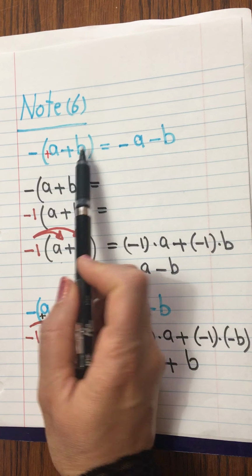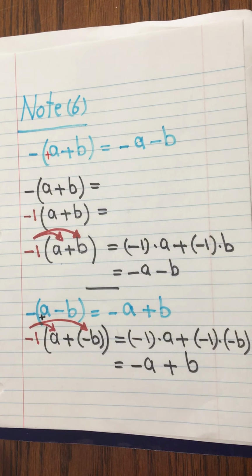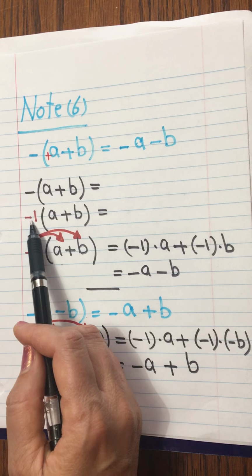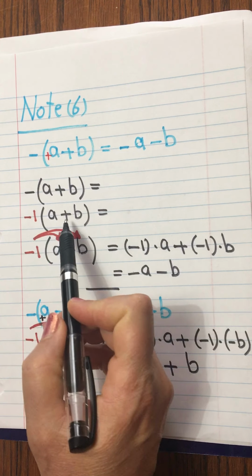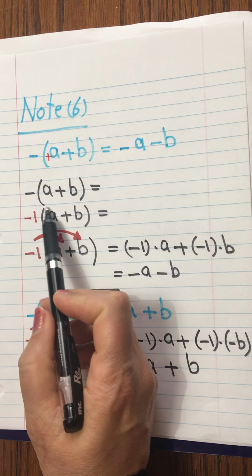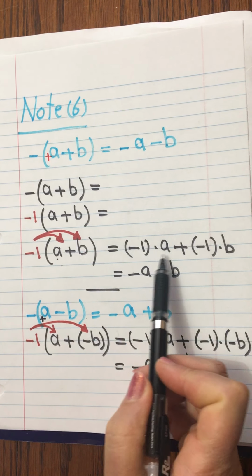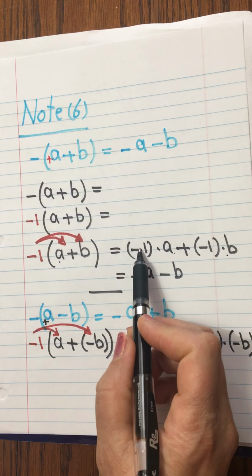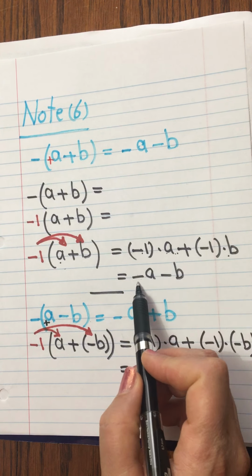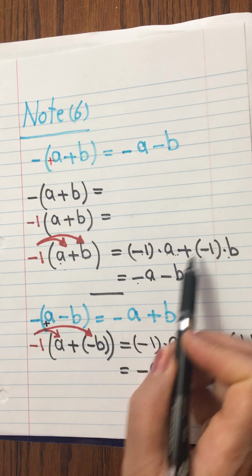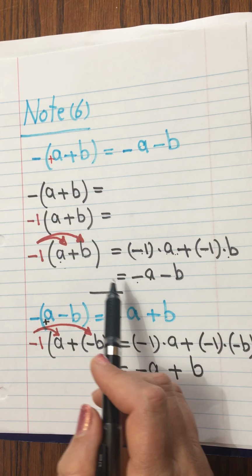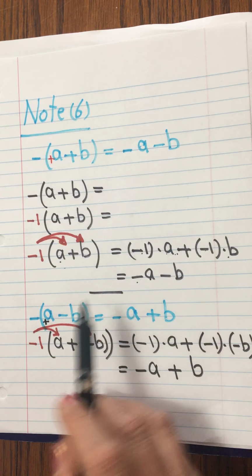Plus b is gonna change to minus b. If I want to explain it, negative means negative 1. And I'm gonna multiply negative 1 times a and negative 1 times b. So negative 1 times a is negative a. Positive times negative is negative. So 1 times b. So the answer is negative a minus b.